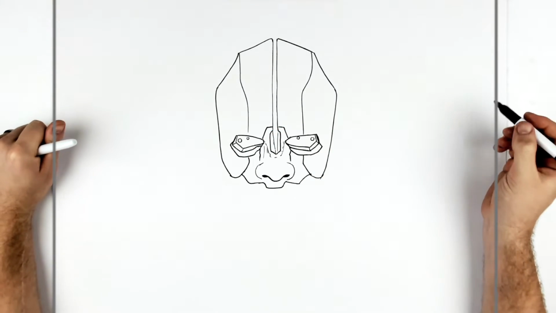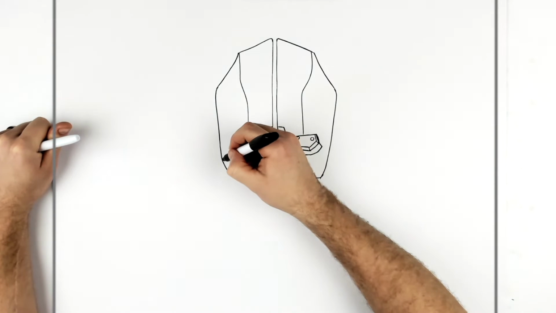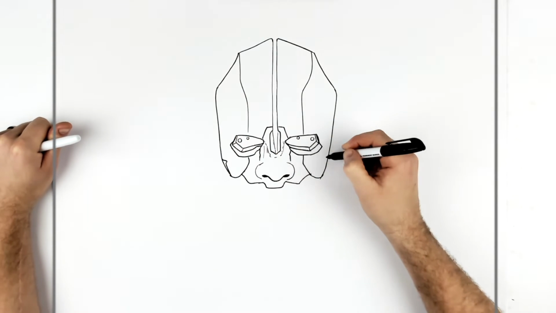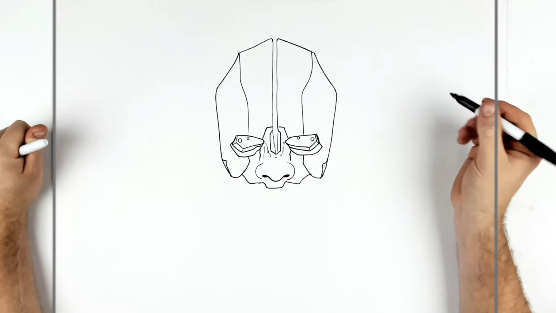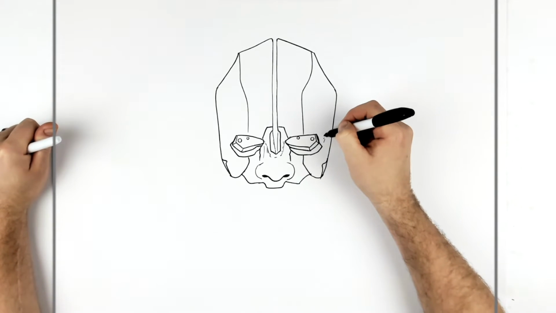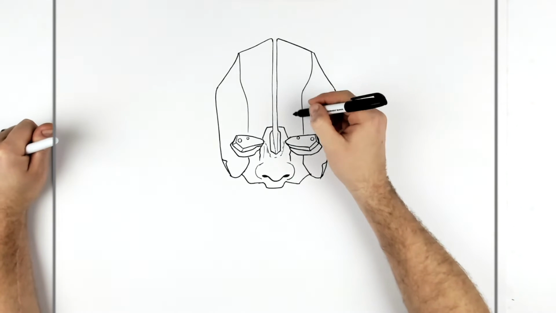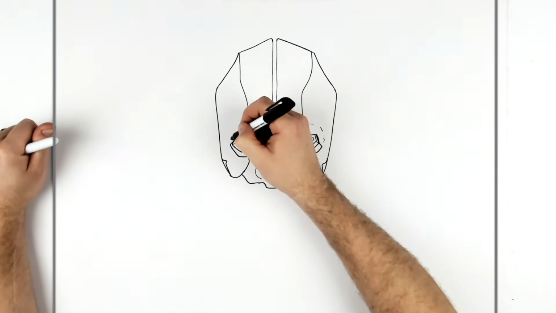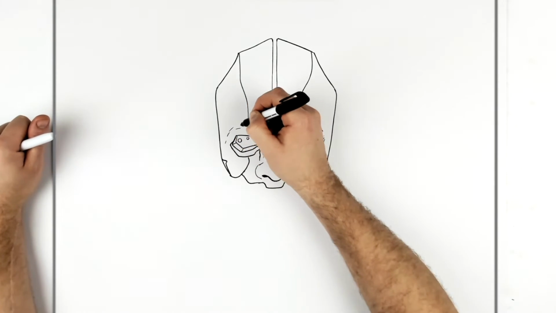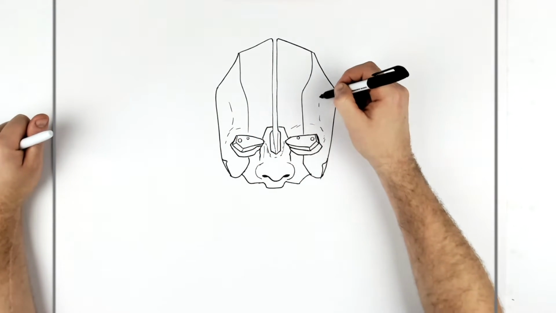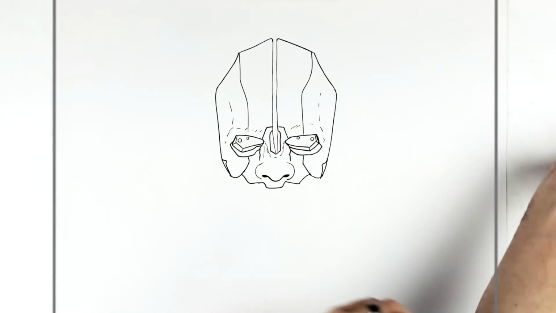That. It's like some black metal here. You might have just a line for his temple or his brow. Like that.